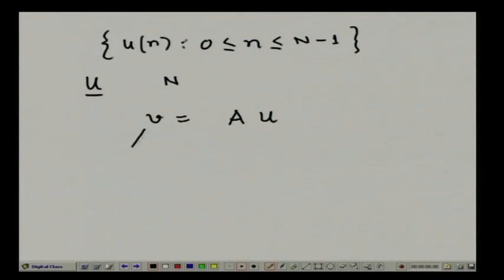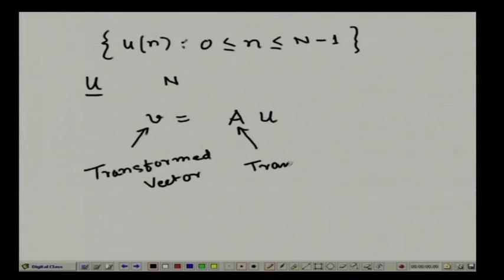This vector v we call the transformed vector, and this unitary matrix A is called the transformation matrix. So, what I have done is take an N dimensional vector u, pre-multiply it by a unitary matrix of dimension N by N, and after multiplication I get again an N dimensional vector v.